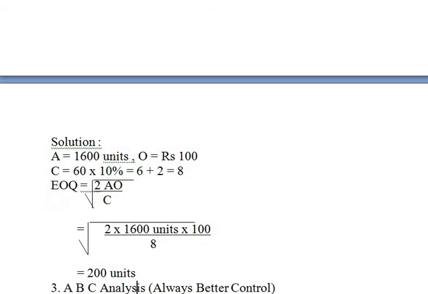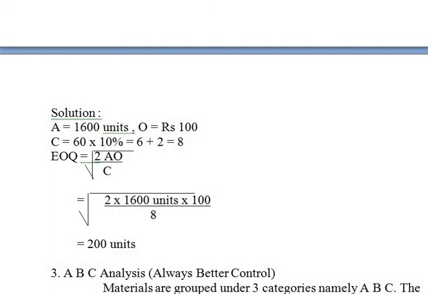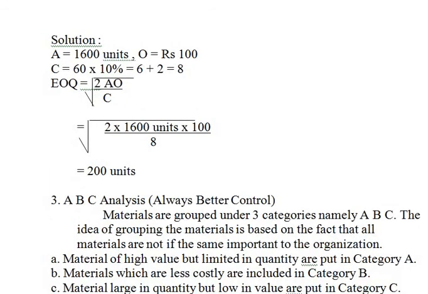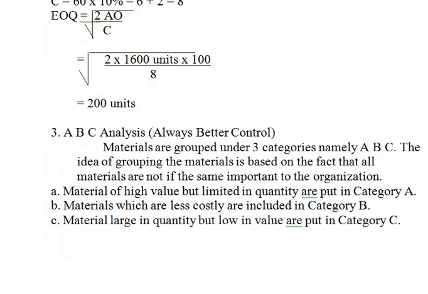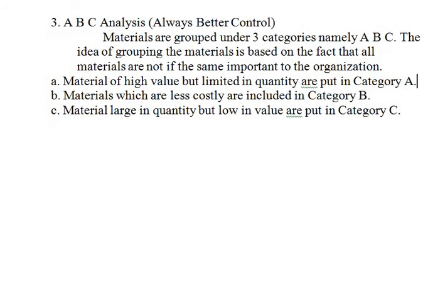Okay. Now next third technique we are going to learn, that is ABC analysis. Now this ABC analysis, here only a 2 marks question can be asked because there are no problems in this. Okay, so we will see what is exactly ABC analysis.